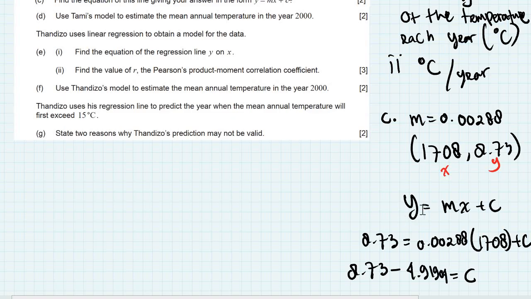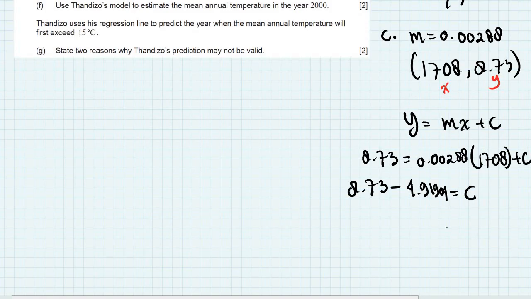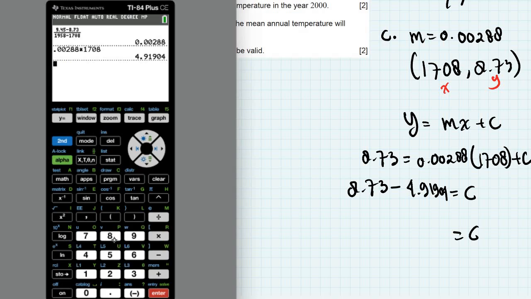So we will have c equals 8.73 minus the answer. For this type of calculation, you can just input it all in one. Yeah, I do it step by step so you can see clearly where the number comes from. So we have 3.81.